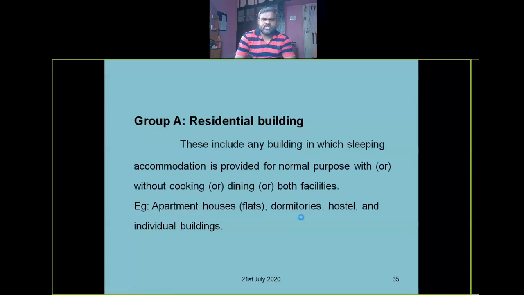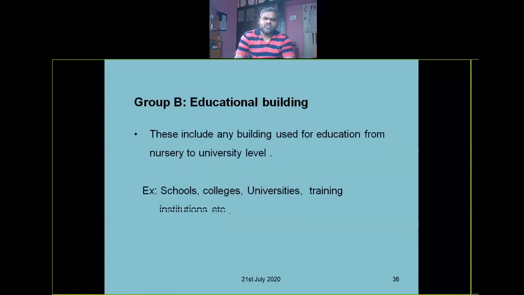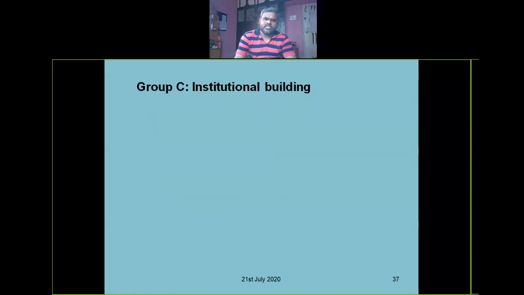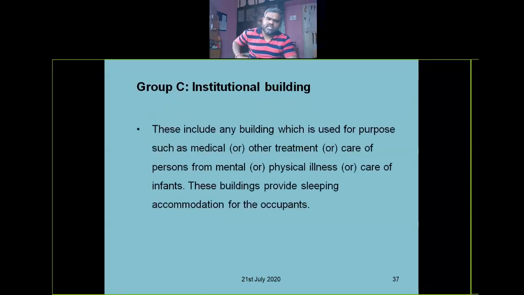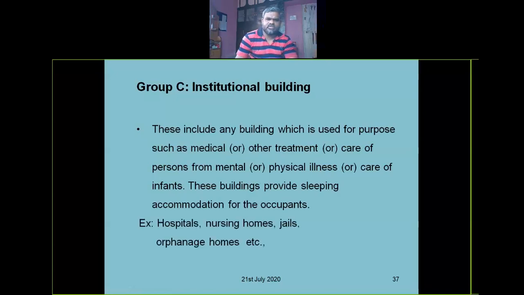Educational buildings include any building used for education from nursery to university level. Institutional buildings include any building used for the purpose of medical treatment and care of persons with mental or physical illness, like mental hospitals. They also provide sleeping accommodation.